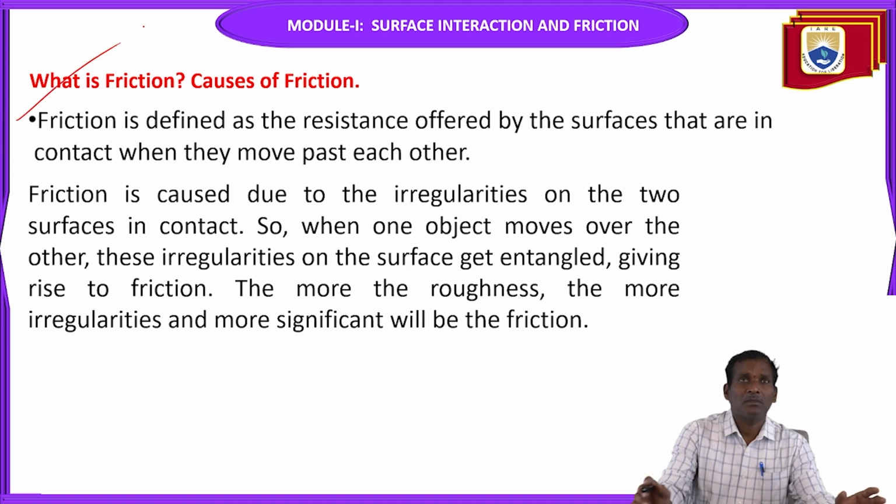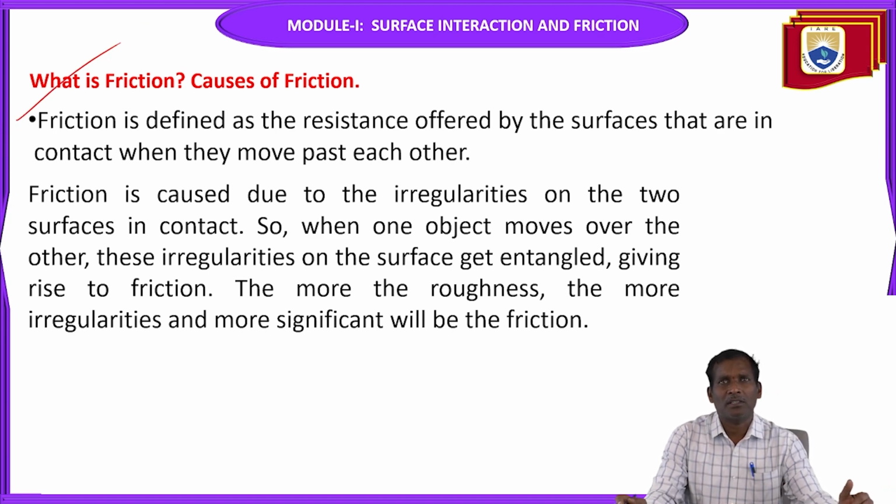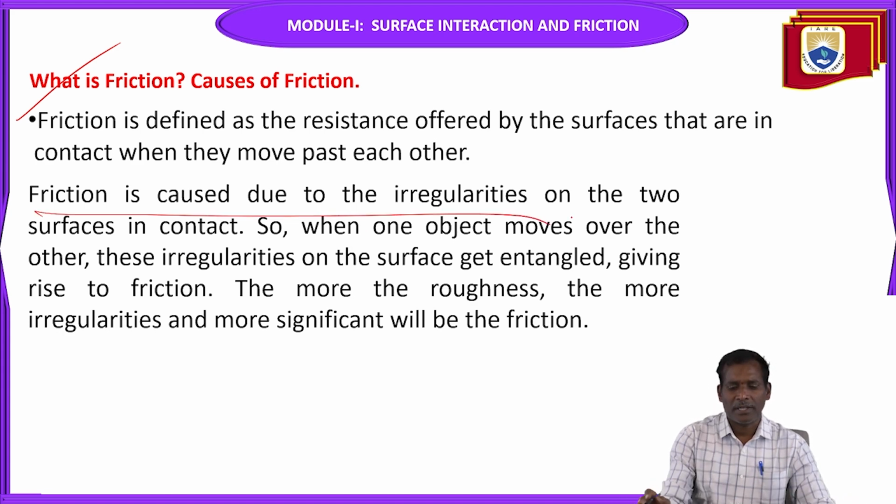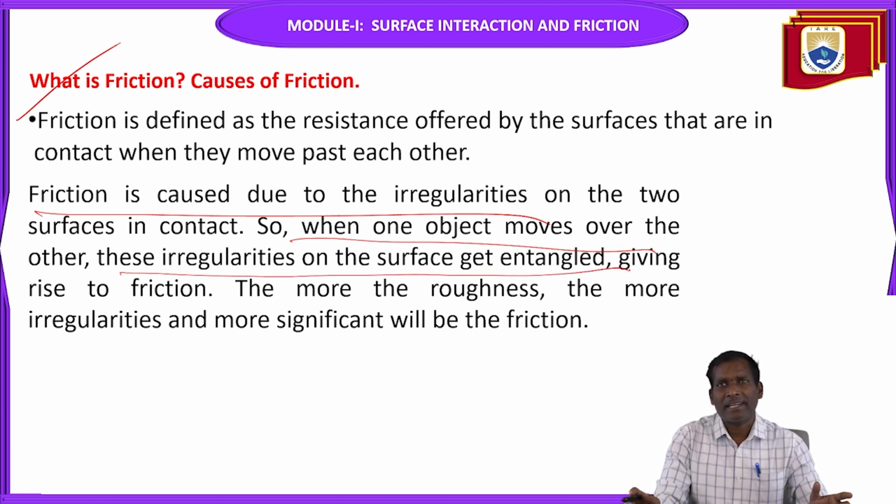You should know the friction definition and what the causes are. Friction is defined as the resistance offered by the surfaces that are in contact when they move past each other. Friction is caused due to irregularities on the two surfaces in contact. When one object moves over the other, these irregularities get entangled, giving rise to friction.